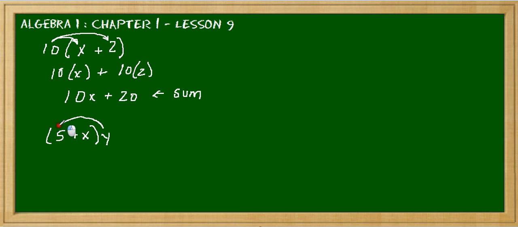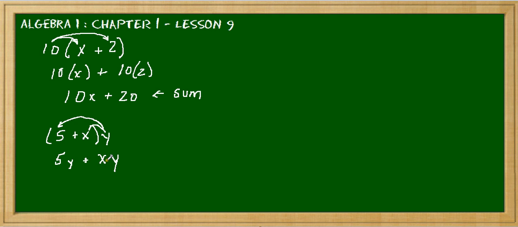Now we're kind of almost doing it the other way. And as I said, you can put the y over here the same way. But let's go ahead and just multiply. We have 5 times y. We could put the parentheses around here, but we know it's 5 times y. And we're adding that to x times y, which would be xy, okay?